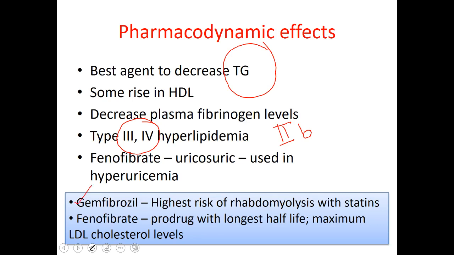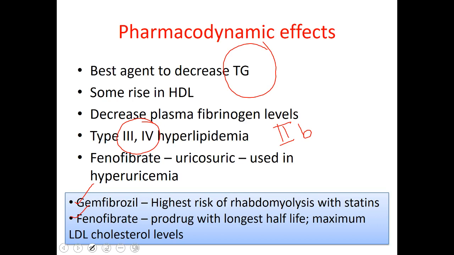And I told you there are two fibric acid names that you need to keep in mind: gemfibrozil and fenofibrate. What are the important points? Gemfibrozil we have seen earlier, it increases the risk of rhabdomyolysis, particularly when you use with statins, and so best to be avoided.